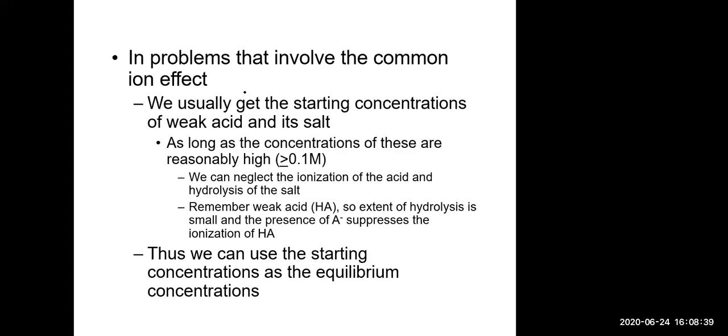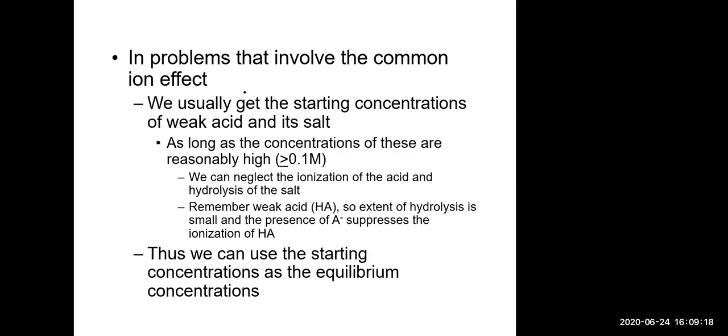When we have these common ion problems, if you look at the initial concentration and the equilibrium concentration, taking the X value from the previous problem and putting it back into the equilibrium line, you see that the initial concentration of the weak acid and its conjugate base will pretty much be the same in the initial entry and the equilibrium entry. It does not change very much from beginning to end.